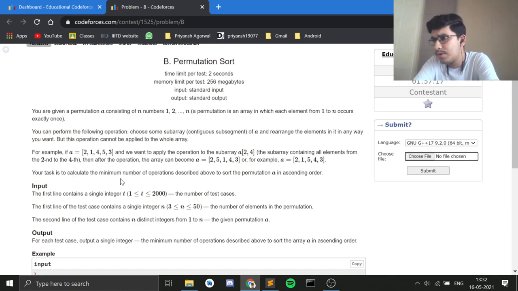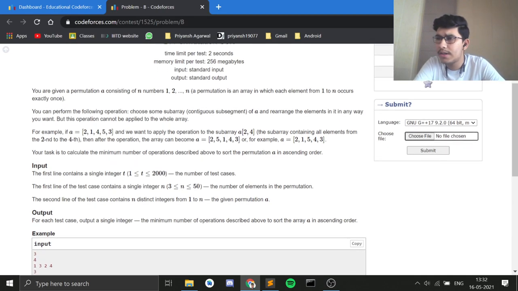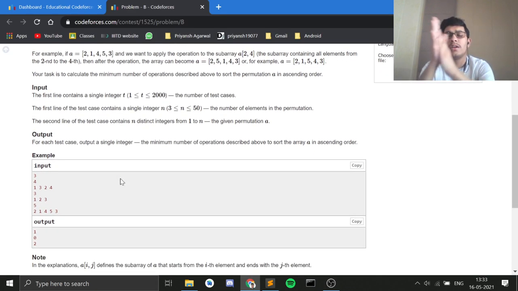Okay, 2, 4 are the indices, they're not talking about the numbers here. This is fine. Your task is to calculate the minimum number of operations described above to sort the permutation in increasing order, in ascending order.